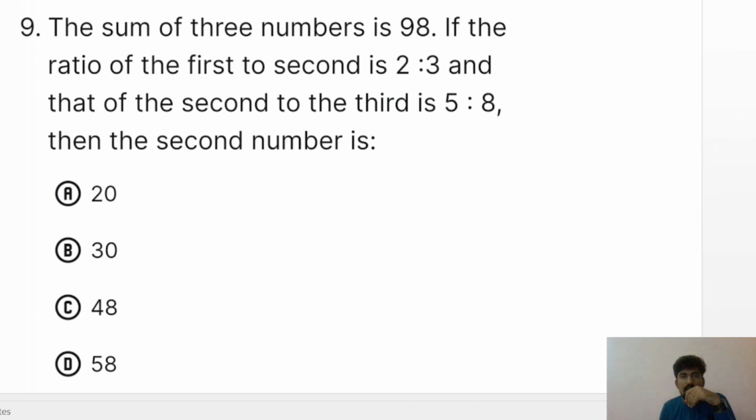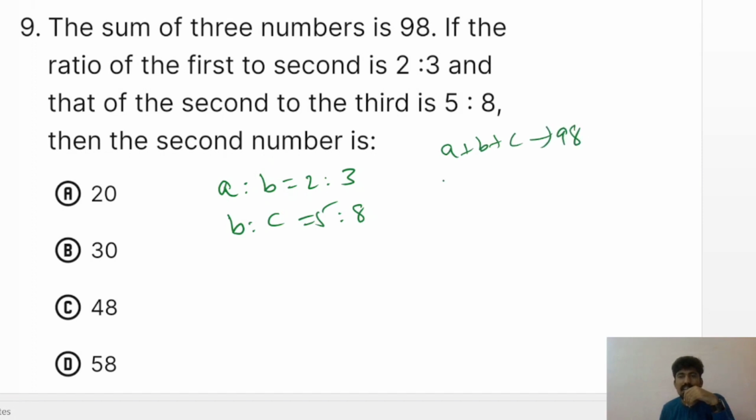Next question. The sum of three numbers is 98. If the ratio of the first to second is 2:3, and that of second to third is 5:8, then the second number is? The first number is A, second number is B, third number is C. A plus B plus C is 98, given.